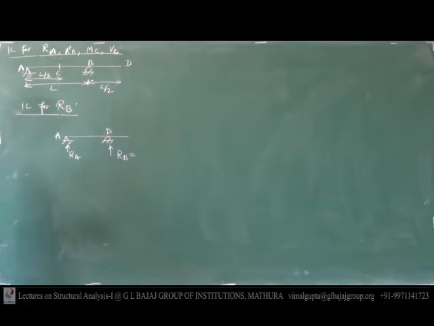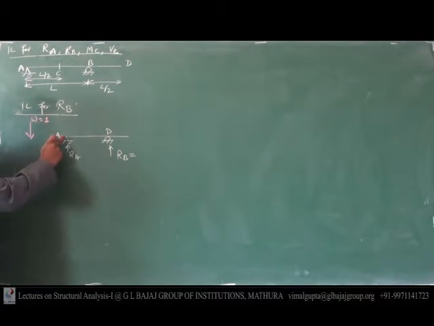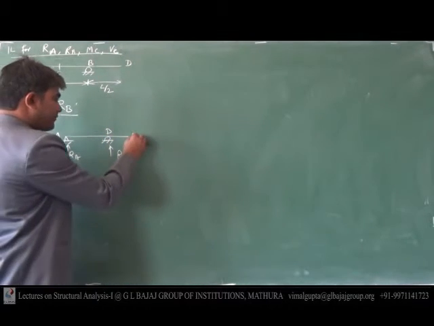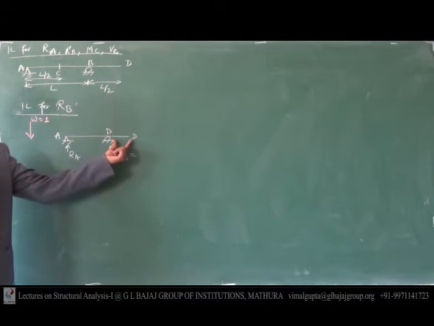For that we will take a moving load W equals to 1 from this end to the other end. So here 2 cases will be there: when this point load is in segment AB and when it is in BD.